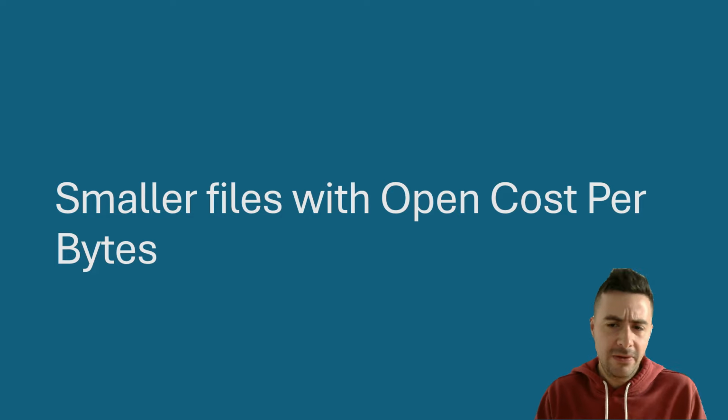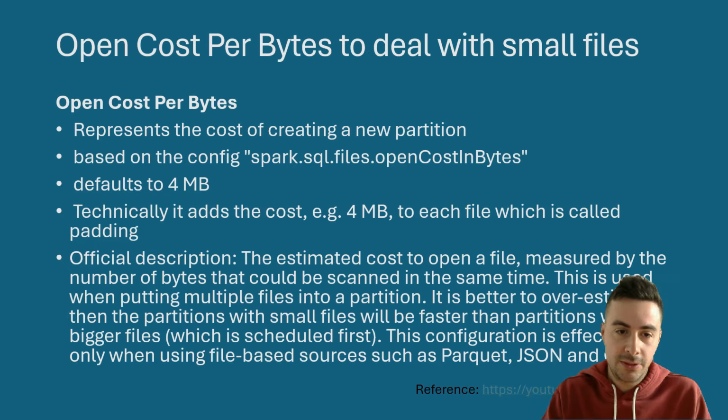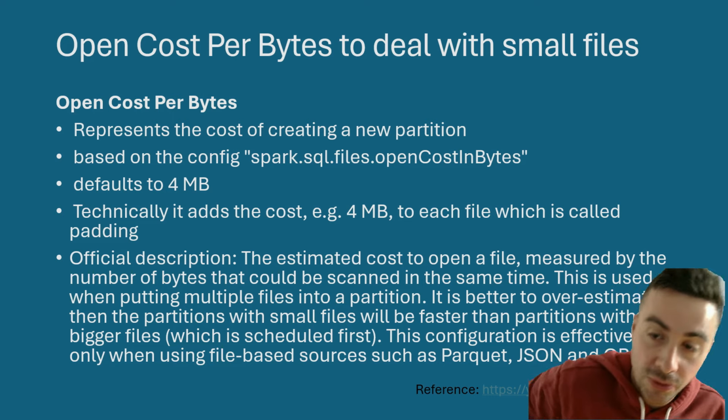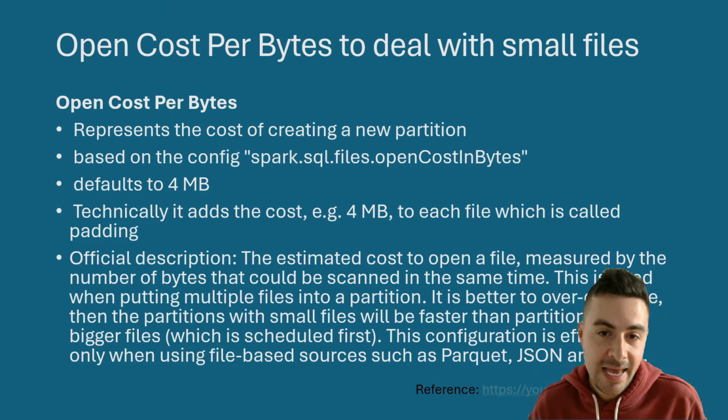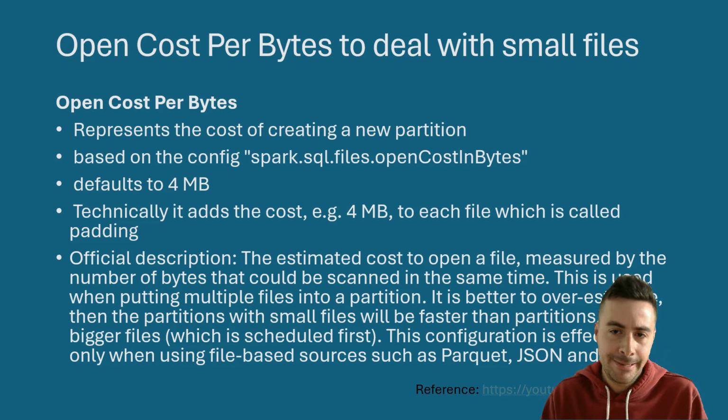So now let's have a look at another option for how we can deal with smaller files. We have something called the openCostInBytes configuration. With spark.conf and then spark.sql.files.openCostInBytes, you can set it. And this parameter defines something like a cost. Basically it says, what is my cost of loading one additional file?